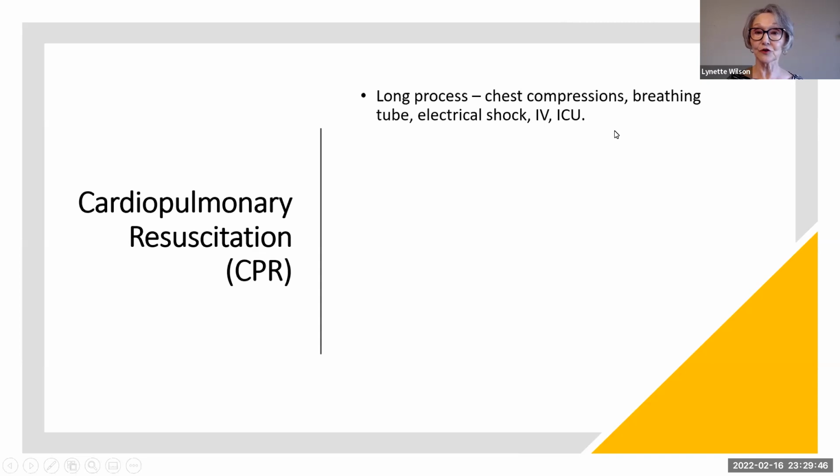There may be electrical shocks. There's always an IV started because there's a need to get certain medications in to support this process. And typically the person who has CPR ends up in the hospital in the intensive care unit if they survive the CPR.